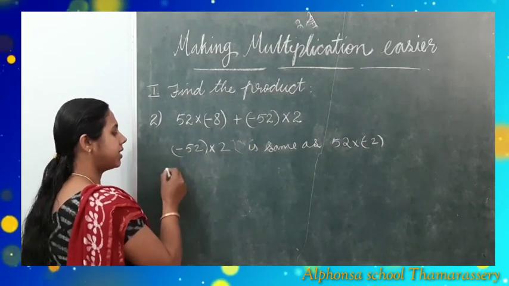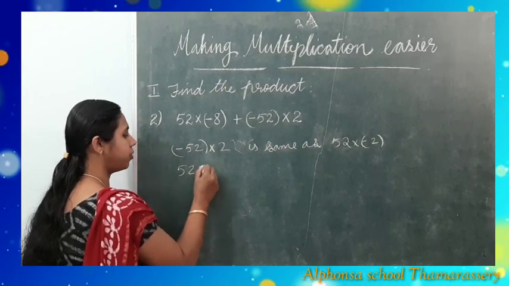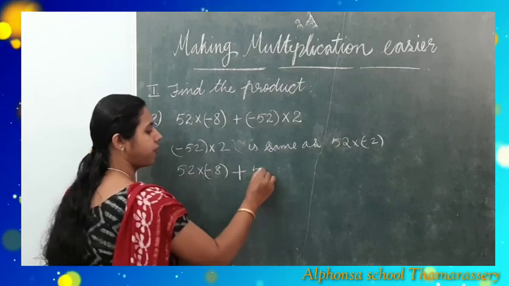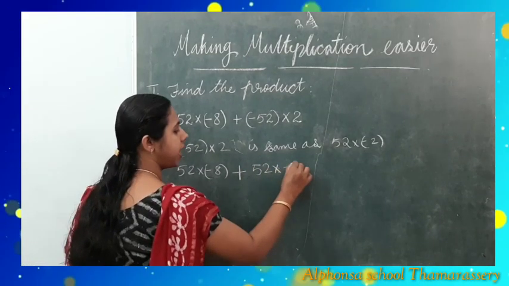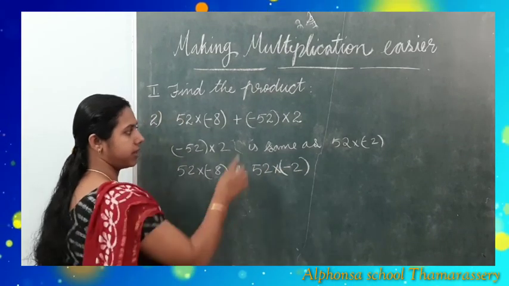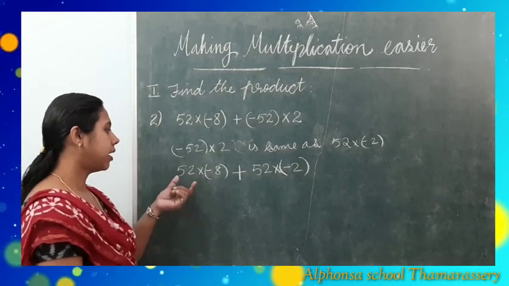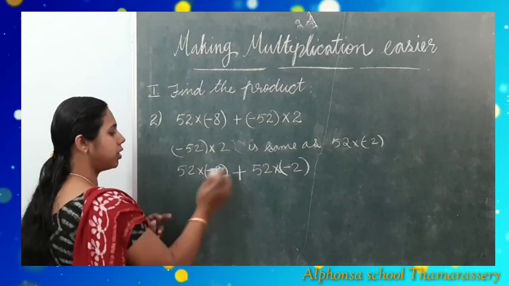So we can rearrange this question like this: 52 into minus 8 plus 52 into minus 2. This minus we have taken to the next number. Now look here. In both the terms, 52 is common.